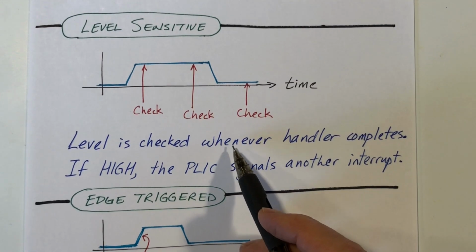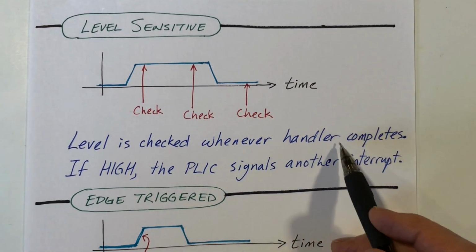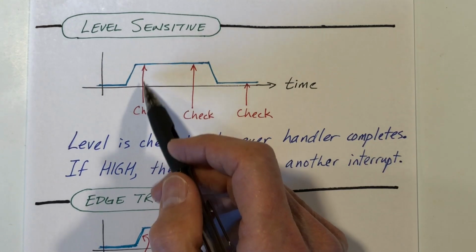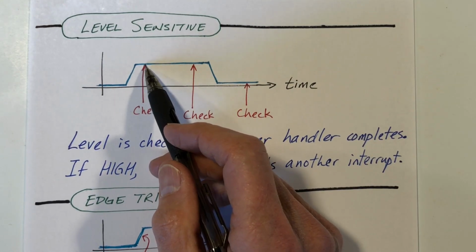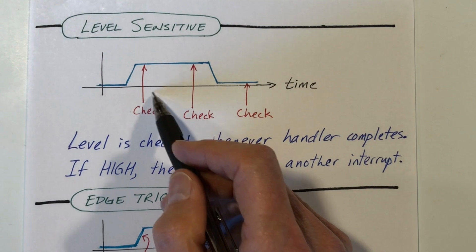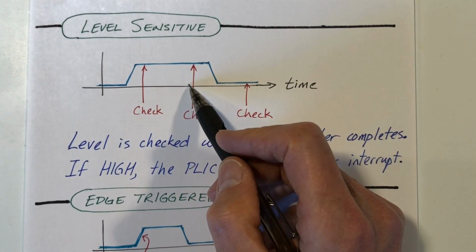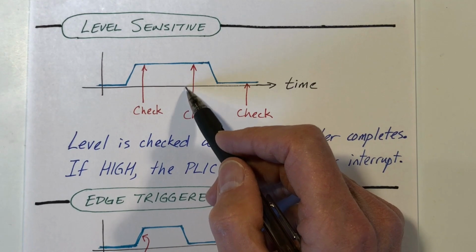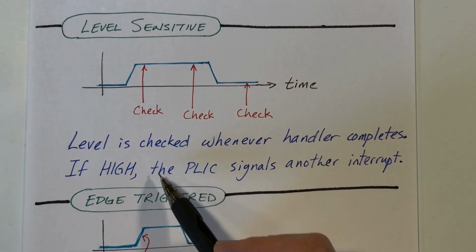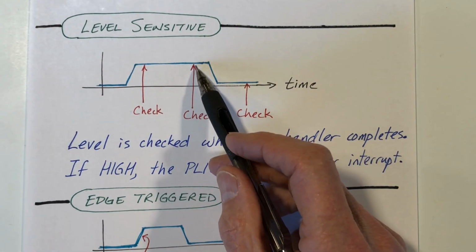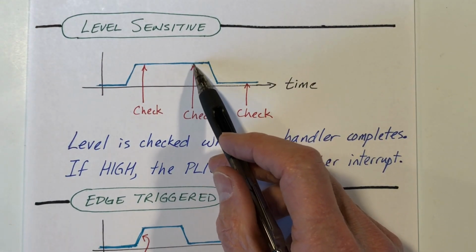So whenever the handler completes its operation, it will check this wire, and if it's high, it will cause an interrupt to be sent to one of the cores. The handler will execute and at some point will complete the processing of that interrupt, and at that point, the plic will check again to see whether the wire is high or not.